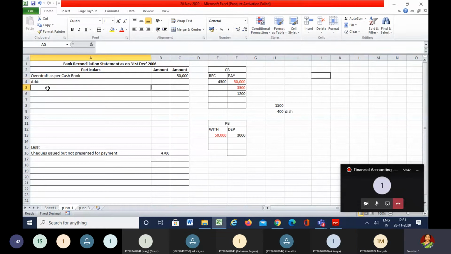So therefore, checks deposited but not credited. If you want to add 1500 plus 400, so in the outer column 1900. The effect will be the same for both. Is it clear?